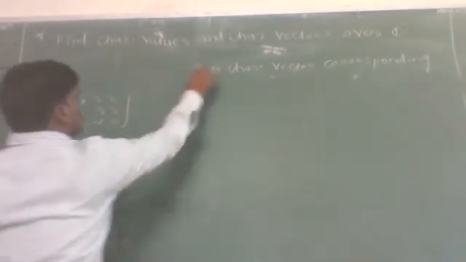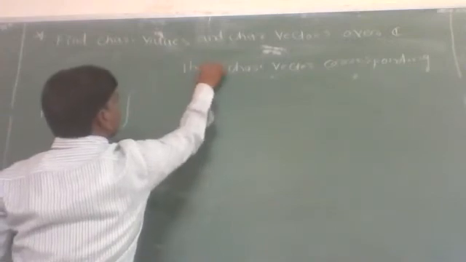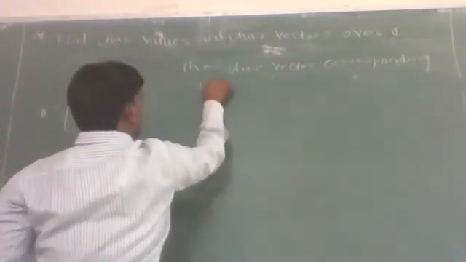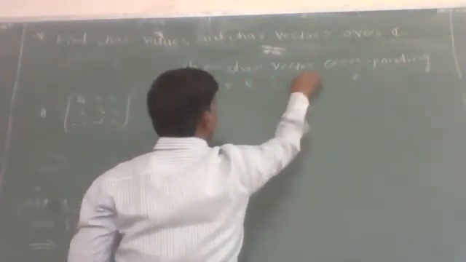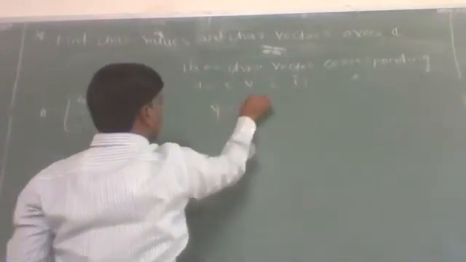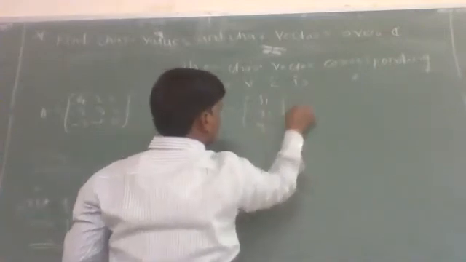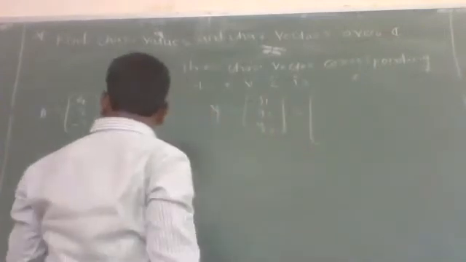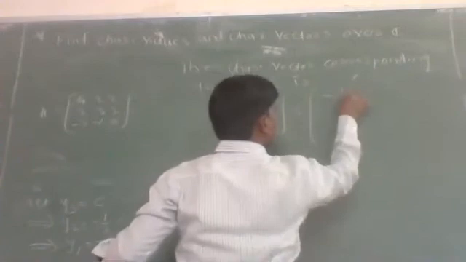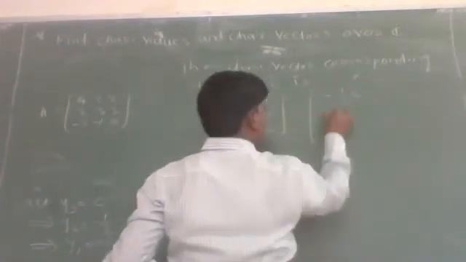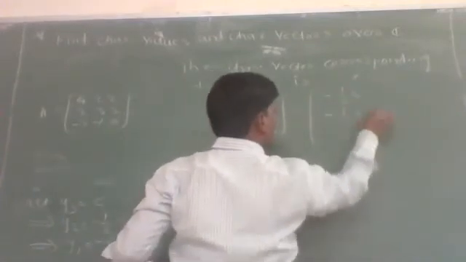which implies the characteristic vector corresponding to eigenvalue 2 is y1, y2, y3, which is nothing but y1 is minus 1 by 2c, y2 is again minus 1 by 2 into c, and y3 is c.